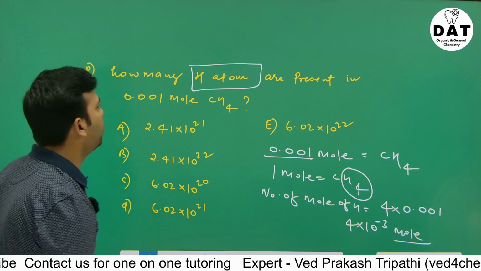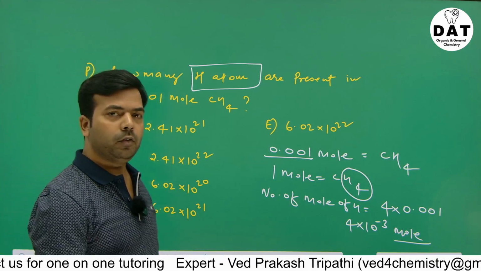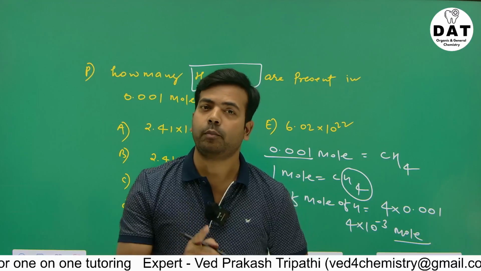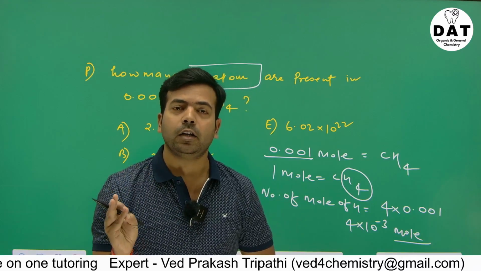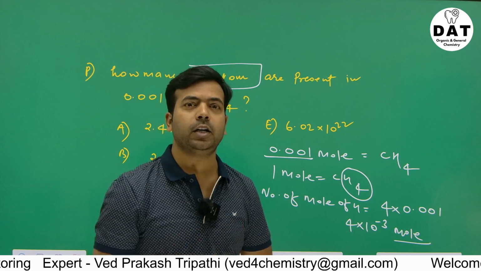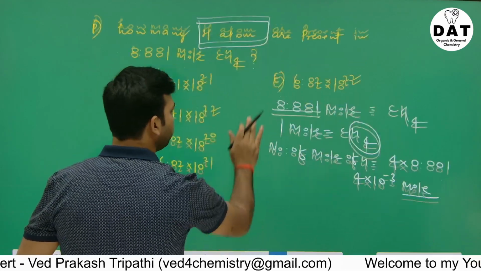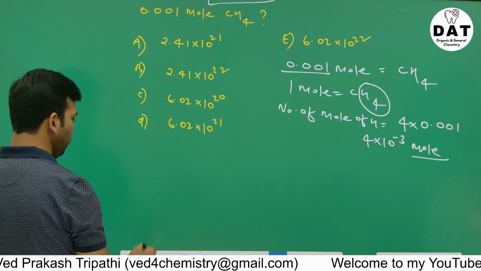But it is talking about how many hydrogen atoms. And I told you that whenever you have to find out number of particles, number of atoms, number of ions, always multiply. I think I discussed the formula. Let me write this again. Look at here.